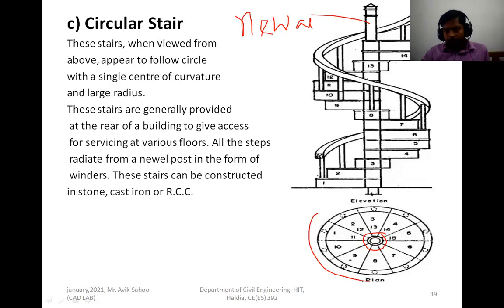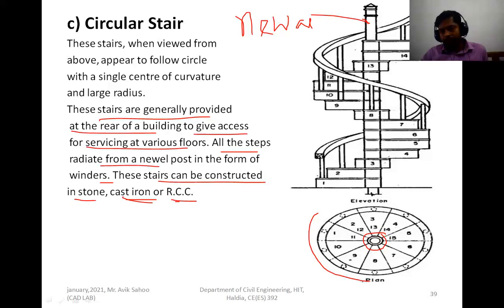The steps are made of stone, cast iron, or RCC. These stairs are generally provided at the rear of a building to give access for servicing at various floors. All the steps radiate from the newel post. These stairs can be constructed in stone, cast iron, or RCC.